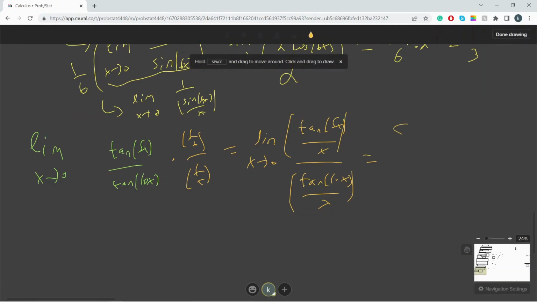So this numerator is going to be 5. And likewise, this denominator is going to be 10, because the limit as x approaches 0 of tangent of 10x over x is going to be 10. So the answer really becomes 1/2. So it's essentially 5 over 10. And the 5 is in the numerator, 10 is in the denominator. So thus, we have solved this special limit, and it becomes 1/2 through using patterns based on previous problems we've seen.